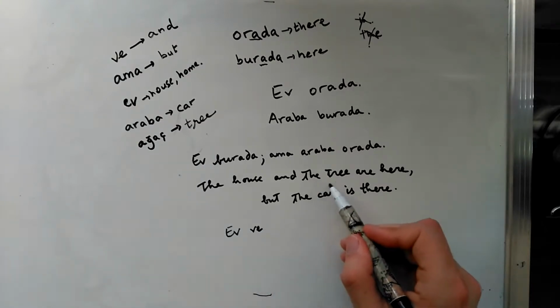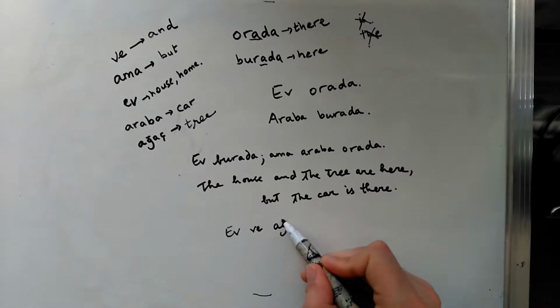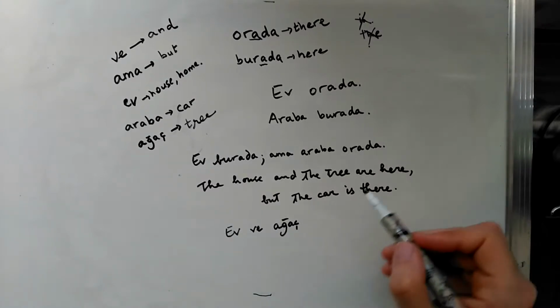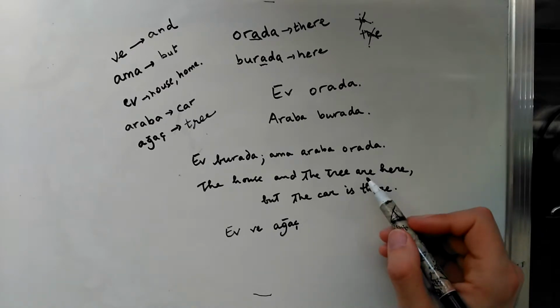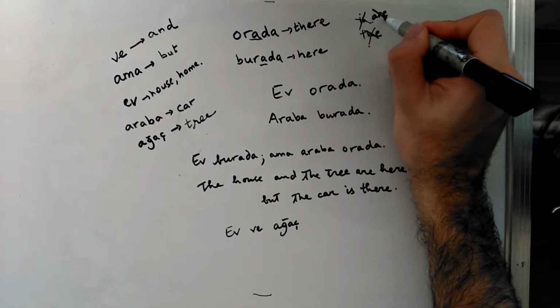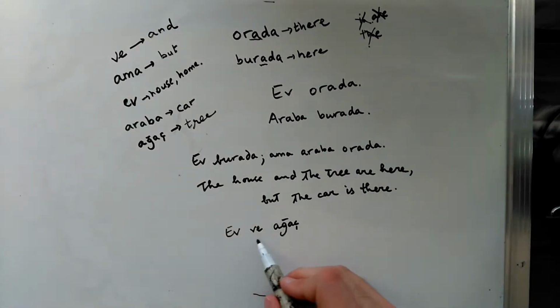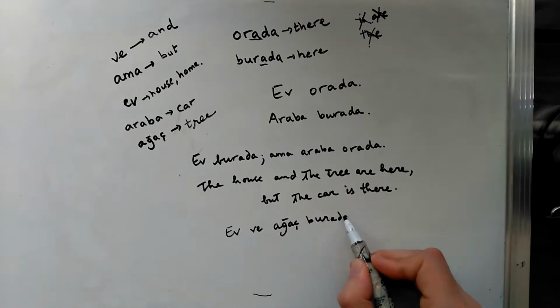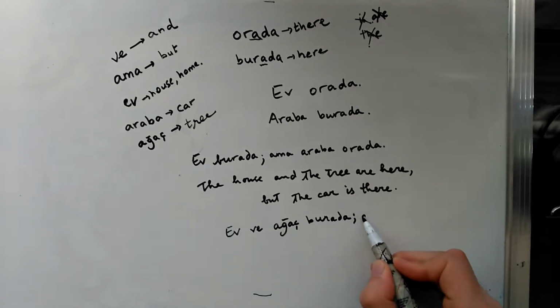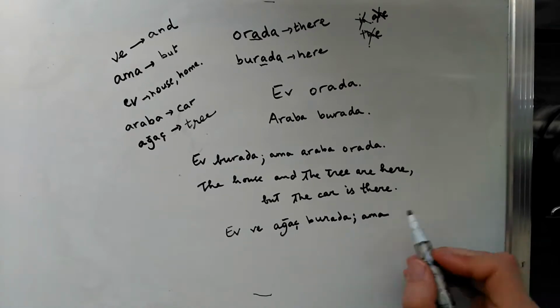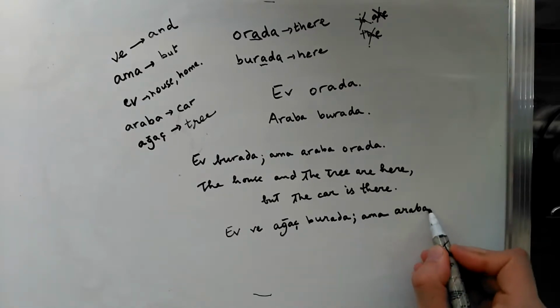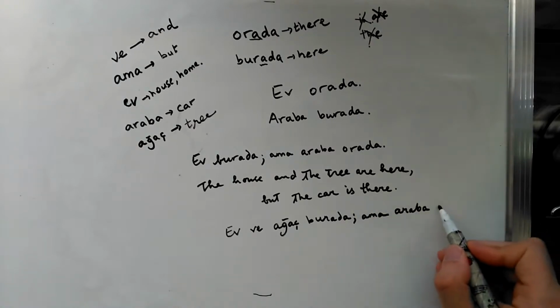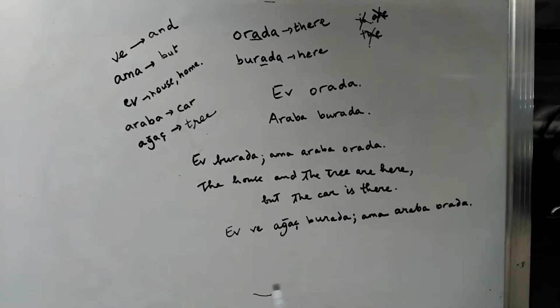Ev ve ağaç are, we don't say this is third person. It's is or are, doesn't matter. Third person singular, plural, we don't have that. Ev ve ağaç here, burada. But, ama, araba, the car is there. We don't have is. Araba orada. Ev ve ağaç burada ama araba orada.